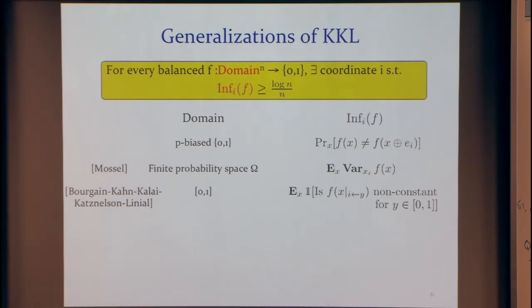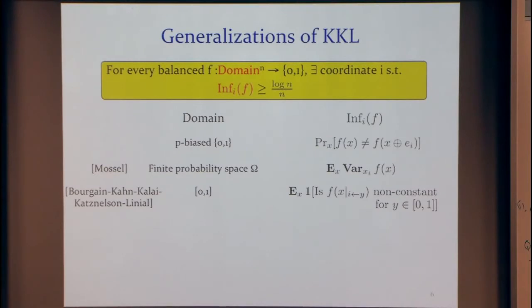You have to worry about the measure of the set, and you have to worry that measure 0 sets must not make a difference, but let's ignore those issues for now. But for this definition, whether the function f is non-constant along direction i, you can prove a very similar theorem for the domain [0, 1]. We'll largely be interested in the discrete case, so these were two results that were already known.